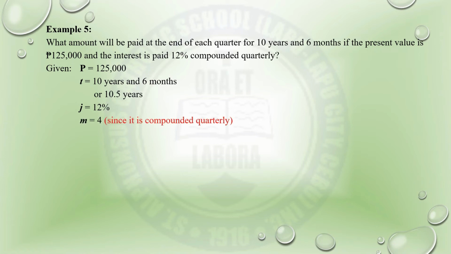M, or the conversion period, is equal to 4 since it is compounded quarterly. So we are going to get the value of I, which is our interest rate per conversion. J over M is equal to 12% over 4, and the result is 3%, or 0.03.